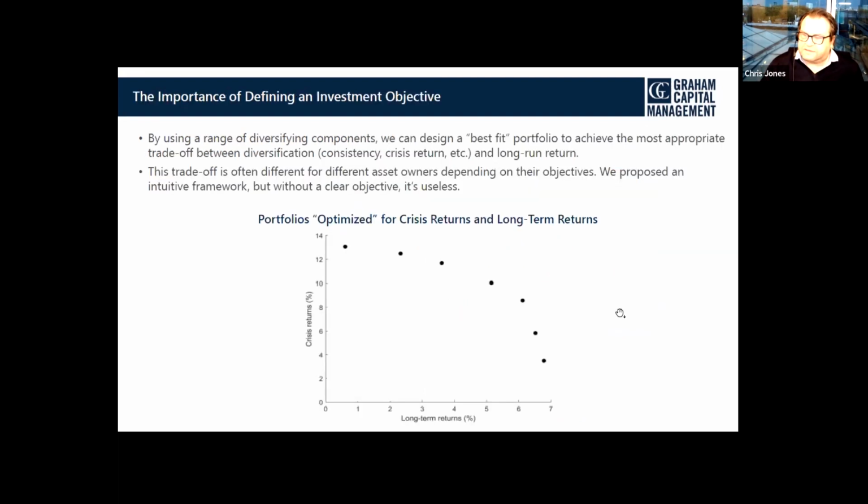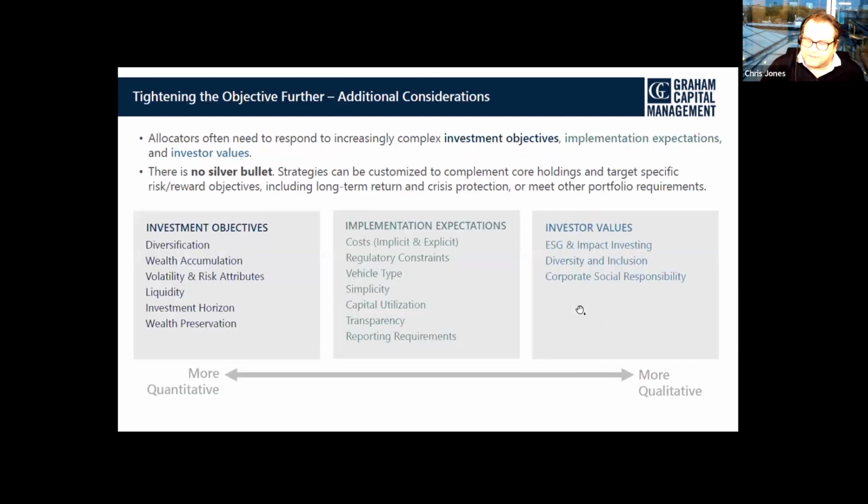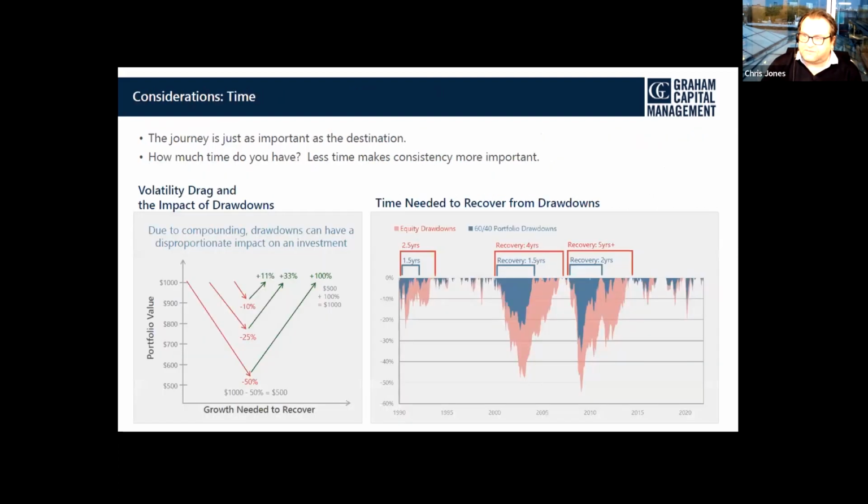And this approach to building portfolios takes us to a place where asset owners and their consultants are empowered by the big dial that they have. That's the dial of trade-off between long-run return and downside performance, or performance in a risk asset sell-off, and consistency of that as well. But it doesn't stop there, because most asset owners have constraints in terms of what they're looking to achieve, in terms of the time frames they think of.